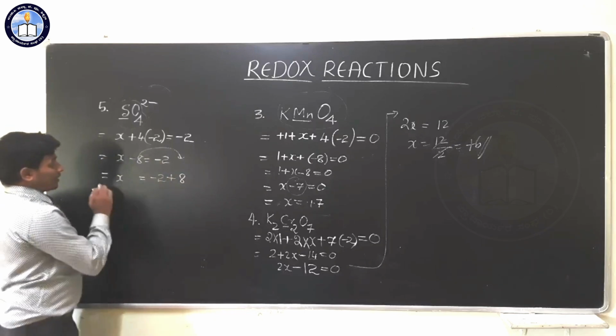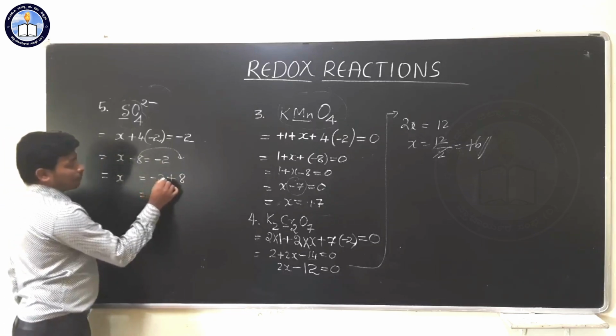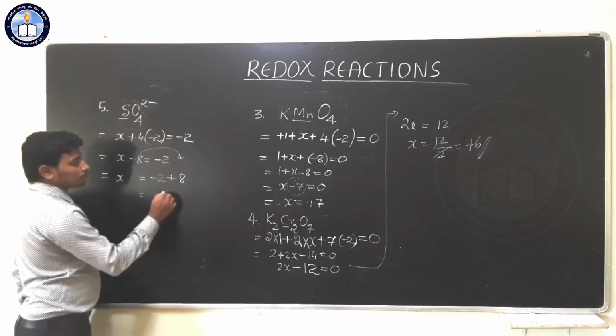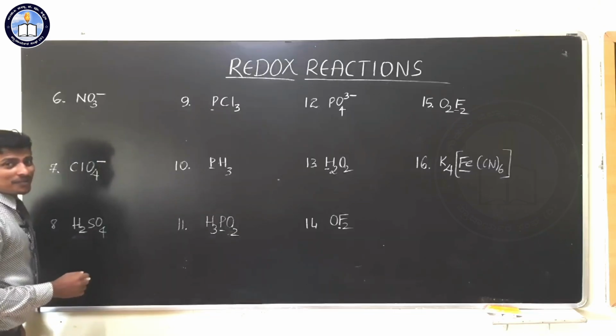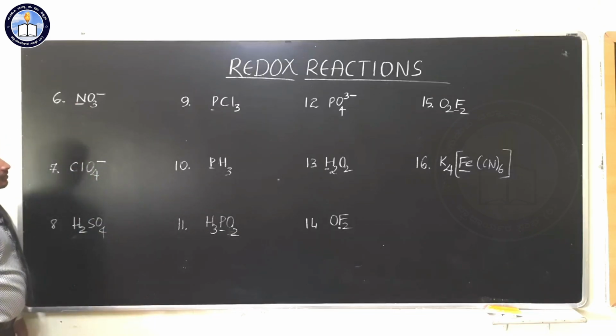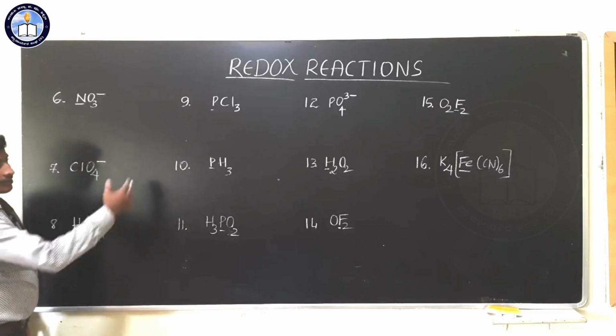You can see that plus minus minus, that is equal to 6. It is the sixth one we will see. Calculate the oxidation number for nitrogen. Solve this one.